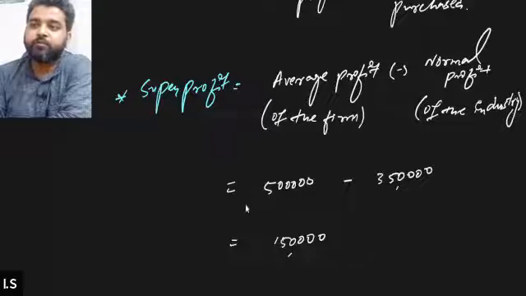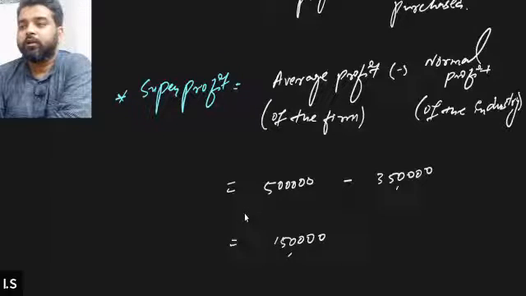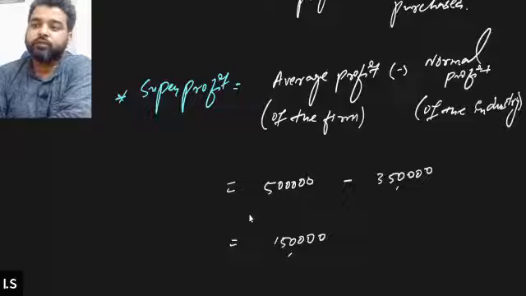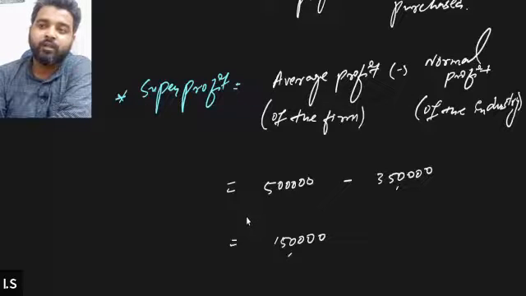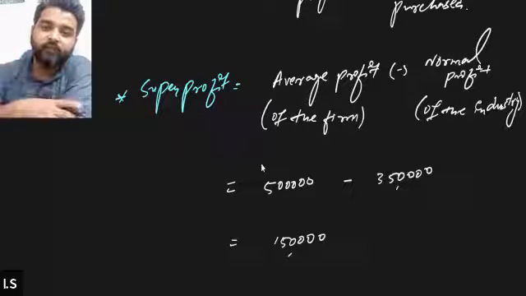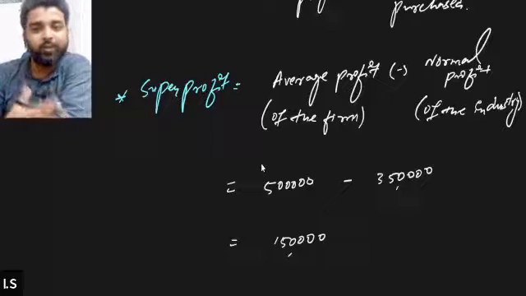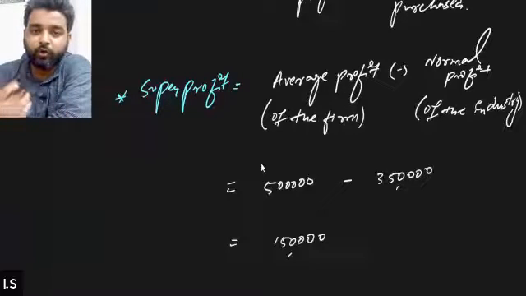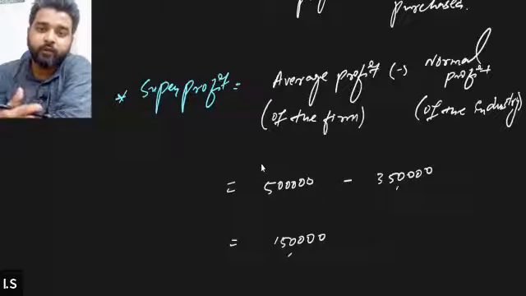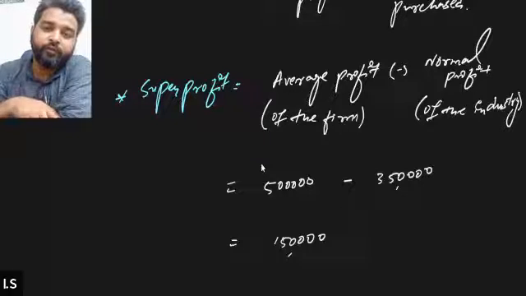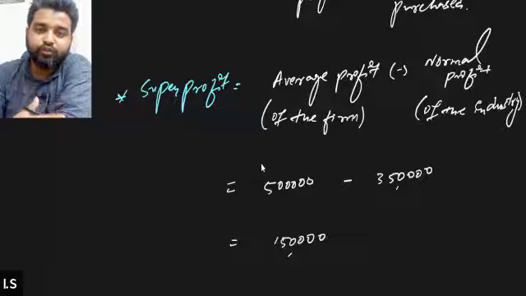If the average profit of the firm is 5 lakh and the normal profit of the industry is 3,50,000, that means the firm is generating 1,50,000 in excess of the normal profit that the industry is generating. Whatever amount the firm is able to generate in excess of the amount that the industry usually generates is called super profit.